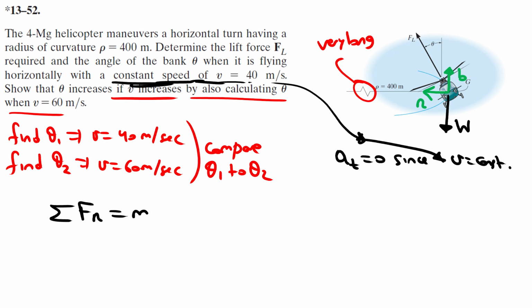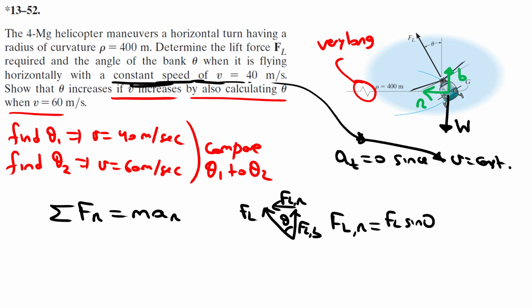The forces acting in N will be m a_N. Then we have the lift force FL, which has two components if we see it with theta: FL_N and FL_B. FL_N will be FL sine theta, and FL_B will be FL cosine theta.